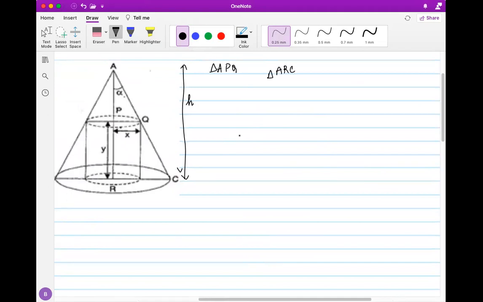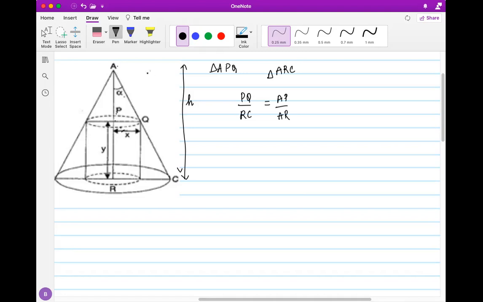Based on the similar triangles, the property is PQ by RC equals AP by AR. Now, what is PQ? P to Q is nothing but x. x is the radius and y is the height of the cylinder.